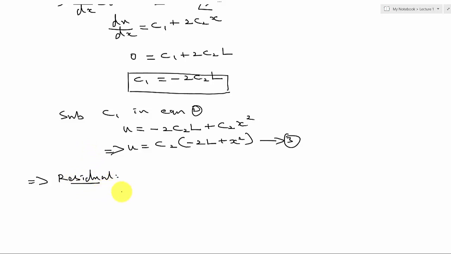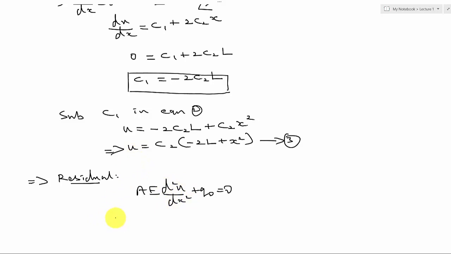So to calculate the residual, first we must write the governing differential equation, that is AE d square u by dx square plus q naught is equal to 0. So when we substitute the assumed trial solution in the governing differential equation, then that is our residual. So here in the governing differential equation we have d square u by dx square.